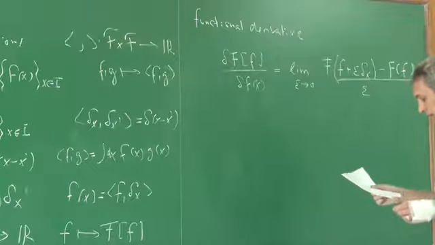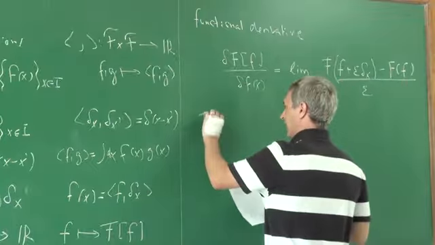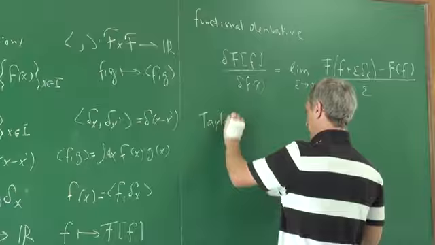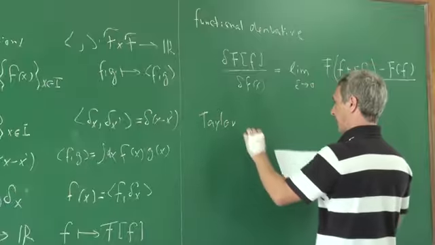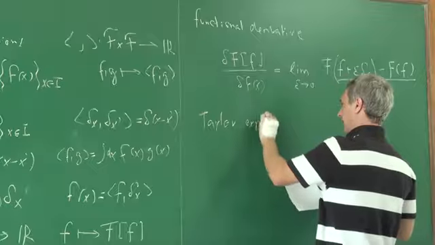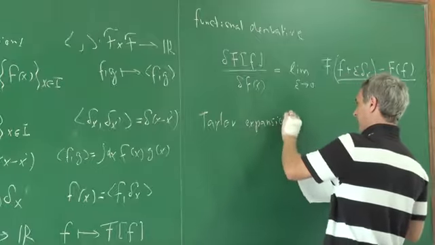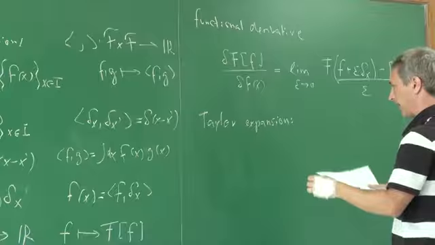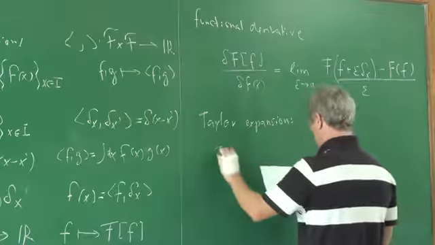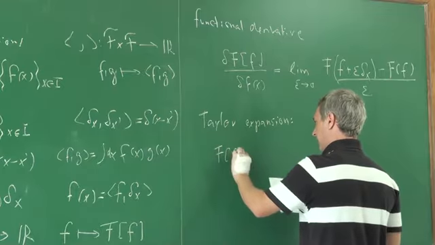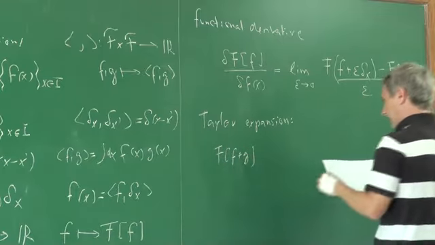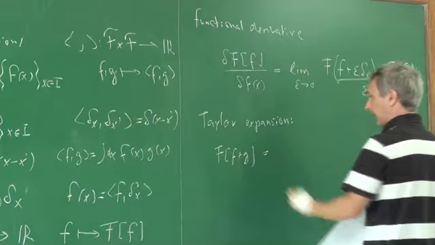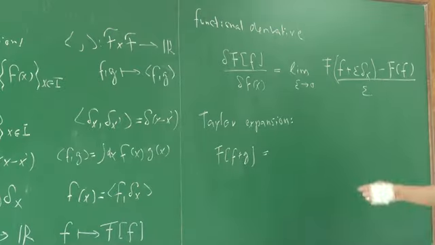And then in the end, everything that we want to do is Taylor expansions of functionals. Actually, I guess all of you have already done this in classical mechanics, because when you extremize actions, this is how we do it.